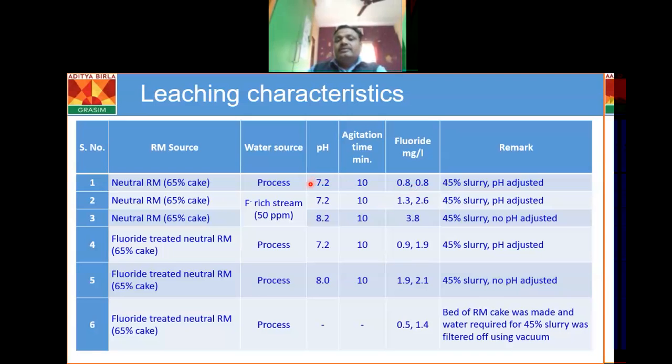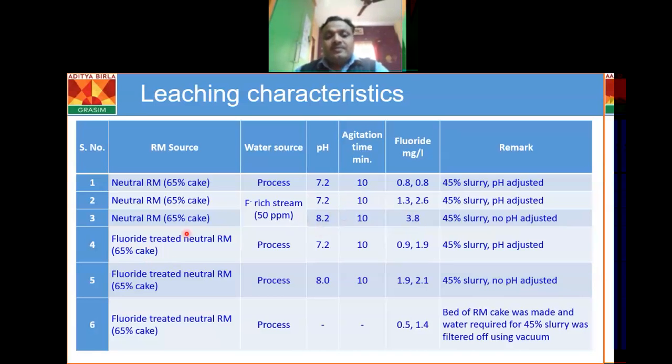Here we did complete mixing of RM with water, then we filtered it off. Similarly, with this neutral RM, we put fluoride rich stream containing 50 ppm of fluoride. At pH 7.2, fluoride content was 1.3. At pH 8.2, fluoride content was 3.8.